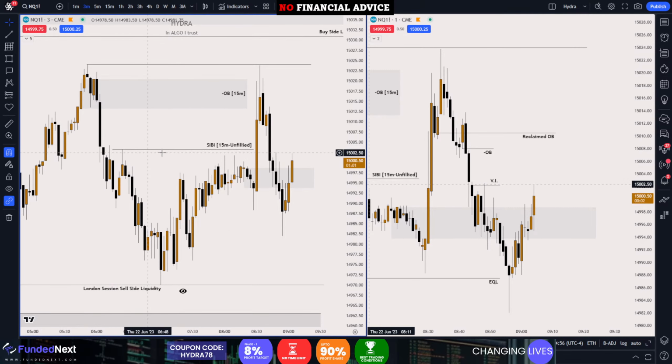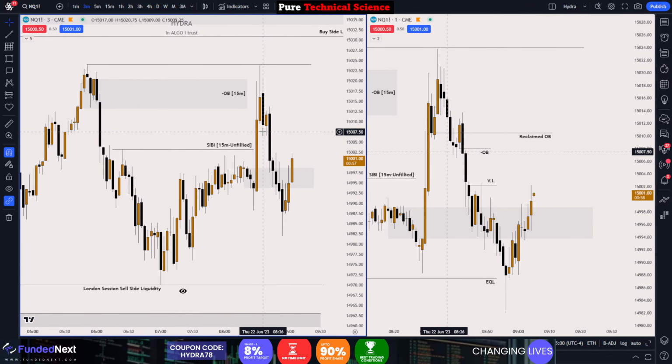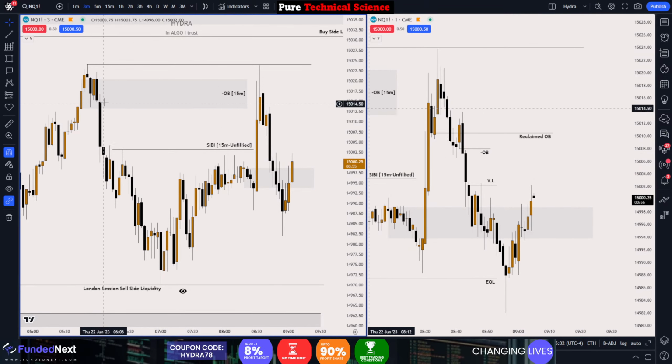But am I just expecting a short once price reaches into the equilibrium? No, I'm marking the PD arrays, like the order block and the fair value gap. Equilibrium alone is nothing. A fair value gap alone is nothing. You need a narrative behind it, and that's how I build it. I don't just look at the equilibrium separately, but aligned with the higher time frame PD arrays, like I did here.